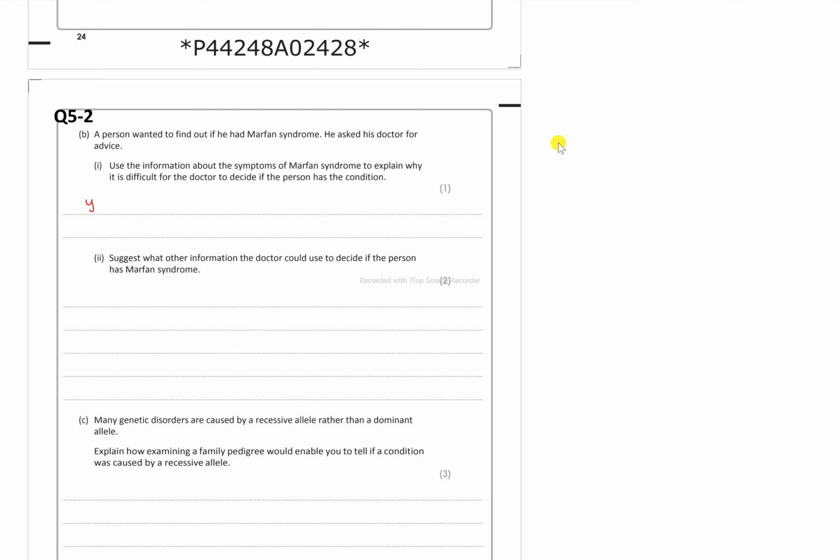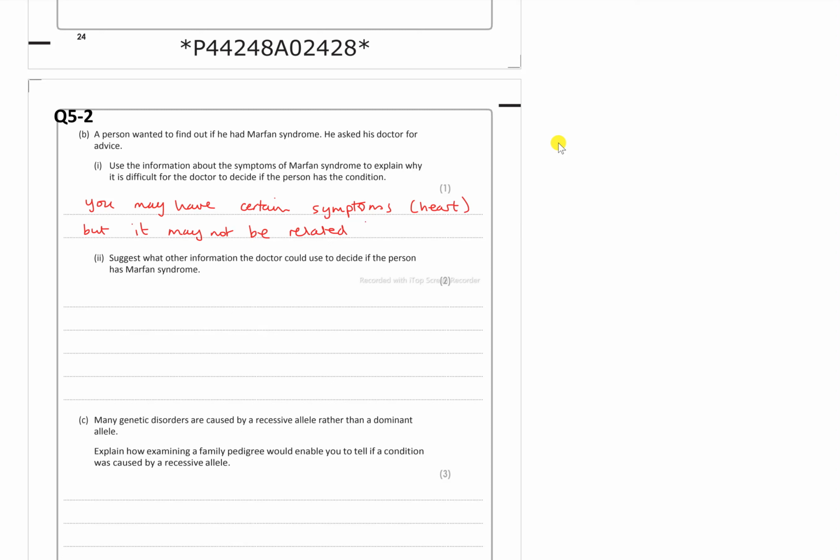Right. Because look, you may have certain symptoms, for example a heart problem, but it may not be related.